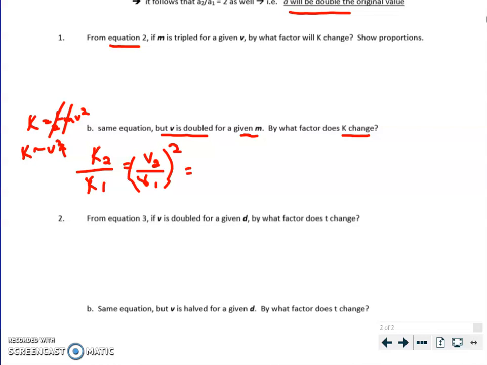So what's v2 over v1? Well, v was doubled, so my new v is double my old v, so I put 2 in the parentheses. I make sure I square it, and that of course is 4. So my answer is, my new K to my old K is 4 times. Great. I've quadrupled K by doubling v, and that's the hallmark of a quadratic.